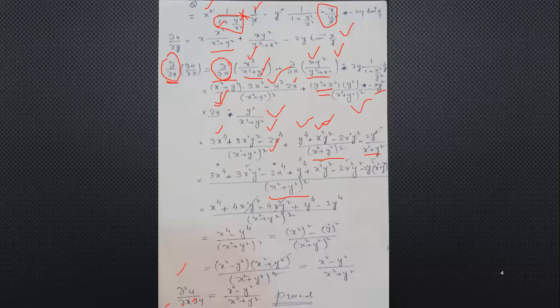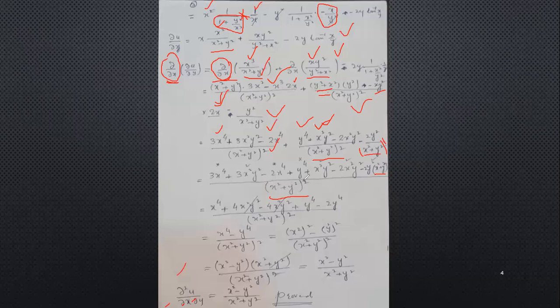Minus 2y square. Here we have x square plus y square power 1. So we multiply with 2y square. When we multiply with 2y square, we get minus 2y square into x square plus y square. Because here the power is 1, but here the power is 2.